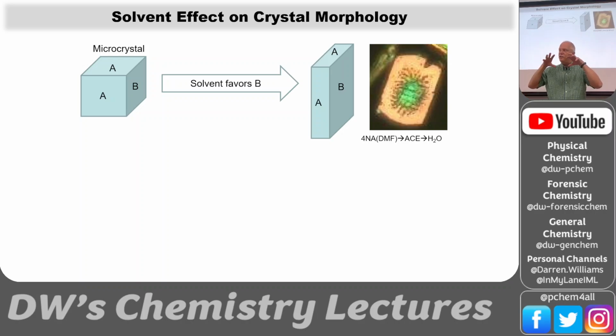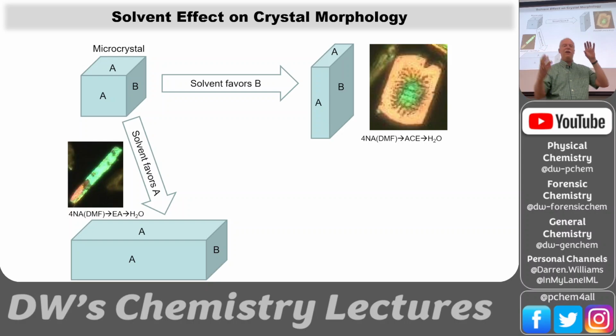So the solvent is stuck to B, and in order to grow B, we'd have to get that solvent out of the way so that other molecules could stick to B. And so if you stabilize the B face preferentially, then A would grow. Does that make sense? Because it's easier to move the solvent away from the A face. It doesn't like A as much. So it's a competition between the molecules that are making the crystal and the solvent that's stuck to the faces. So that's the growth mechanism.